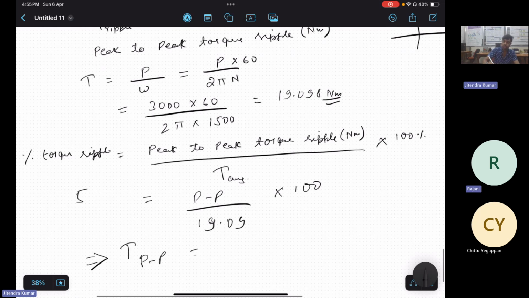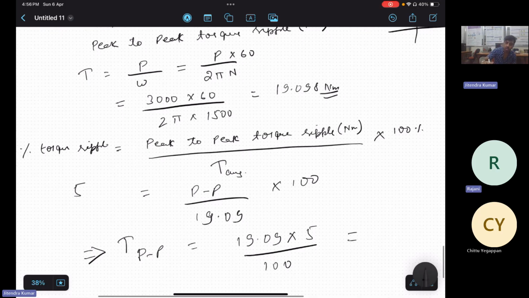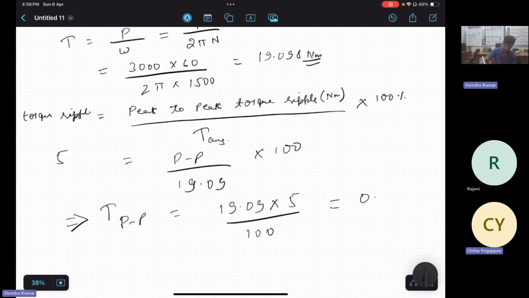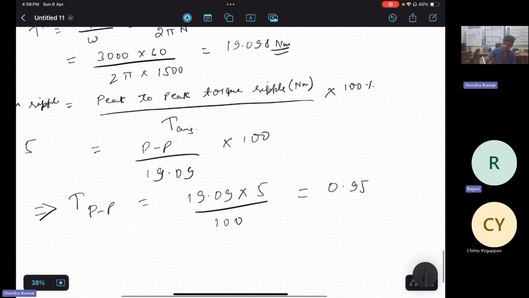Torque peak to peak value is 19.09 into 5 divided by 100. So how much will it come out to be? It will come out to be 0.9544 Newton meter.